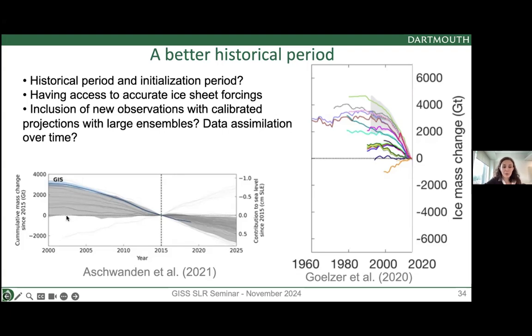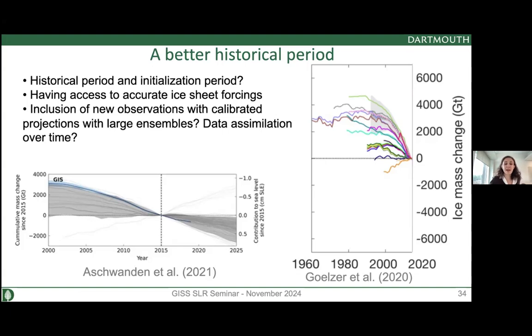And then in gray, we have all these ice flow models, and you have the same ones on the right from Goelzer's paper of ISMIP6, showing the spread of results from 2000 to 2015, showing that they are pretty much all underestimating the mass loss from the Greenland ice sheet. So what does it mean when we think about projections? If all our models underestimate the changes over the past couple of decades, they are probably going to underestimate projections in the future.